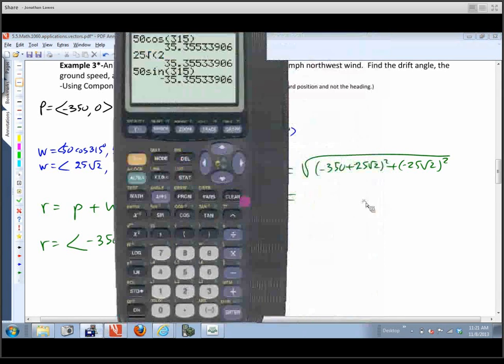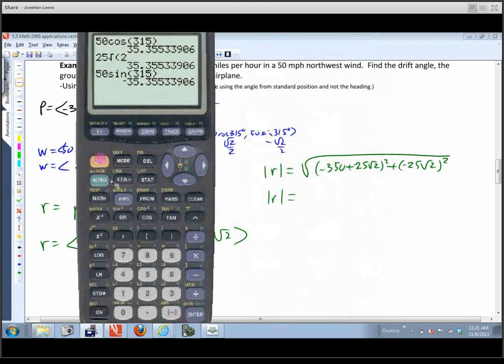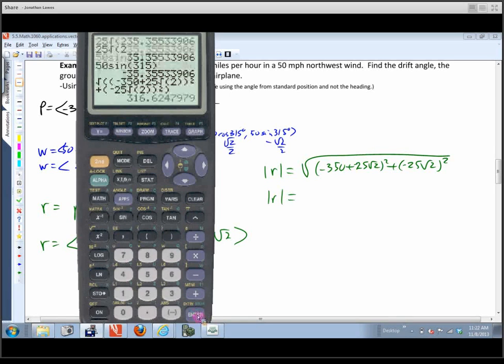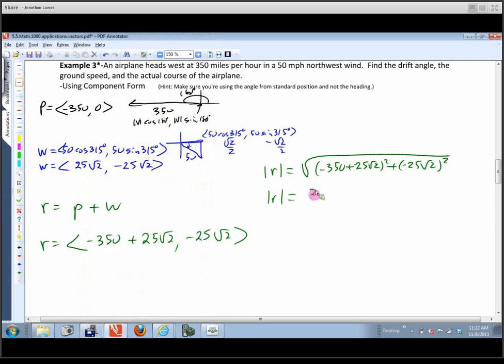So this is going to be a big square root, start another set of parentheses, negative 350 plus 25 radical 2, square that, and then plus, start a set of parentheses, negative 25 radical 2, close the set of parentheses, square that, close them if we need to, and there's our 316.62 miles per hour.